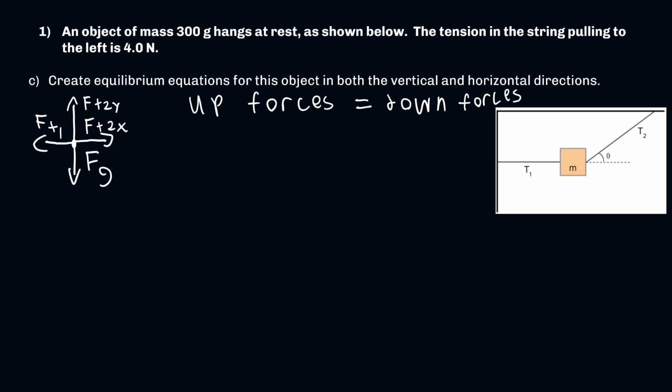So the up force here is going to be FT2Y equal to my down force, which is FG. And then right forces equal left forces. I have here right forces equal left forces for my horizontal.